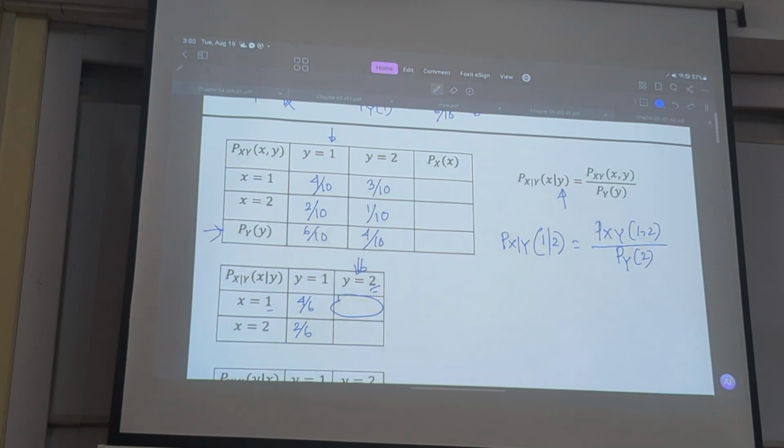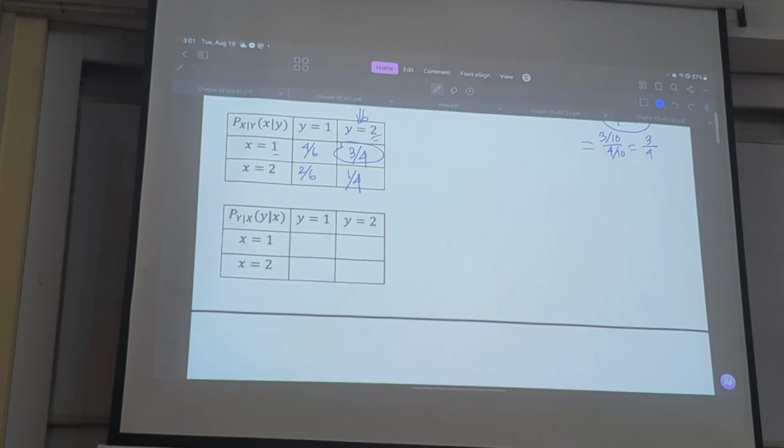The joint probability for 1 and 2 is 3 by 10, and the marginal probability of y for the value 2 is 4 by 10. So we get 3 by 10 divided by 4 by 10, which is 3 by 4. The bottom of the next one is 1 by 4. You do not need to do anything more.